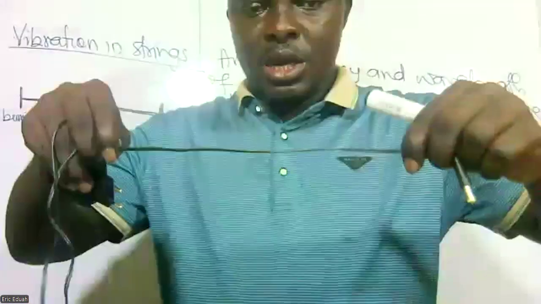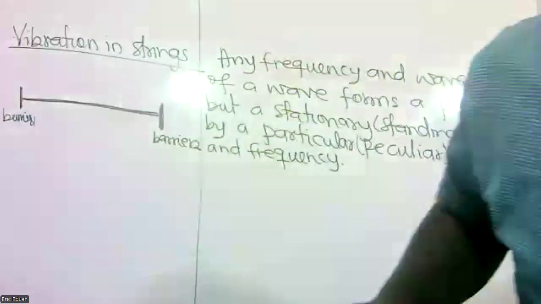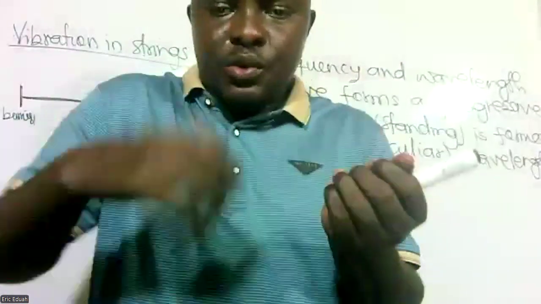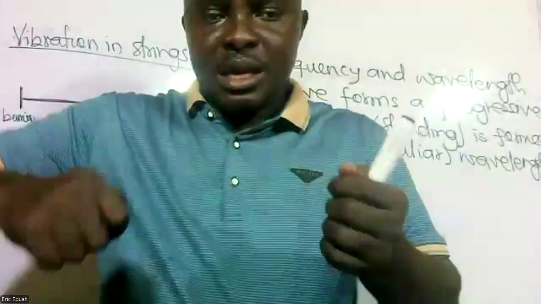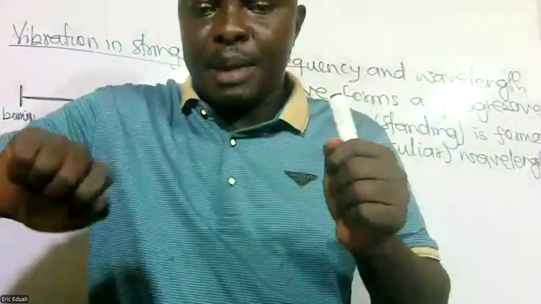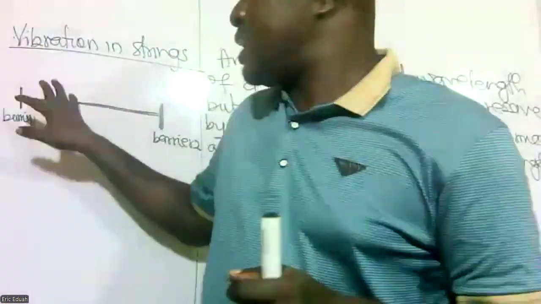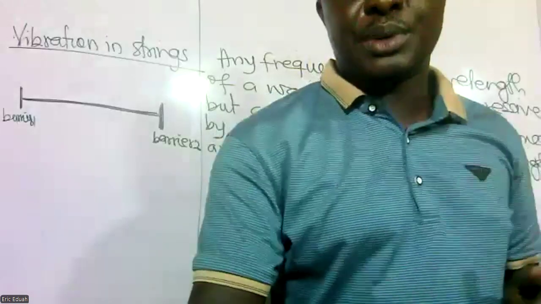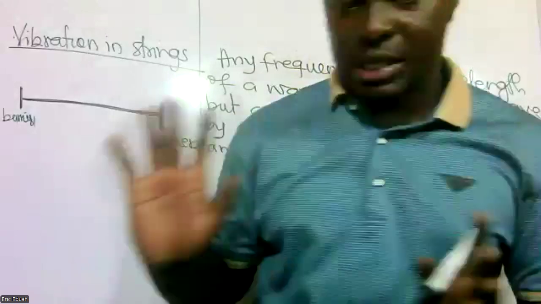Is that okay? An application of this is the guitar. The strings which are consistently plucked to create the sound are fixed between two metal ends. So the guitar string is an application of vibration in strings.